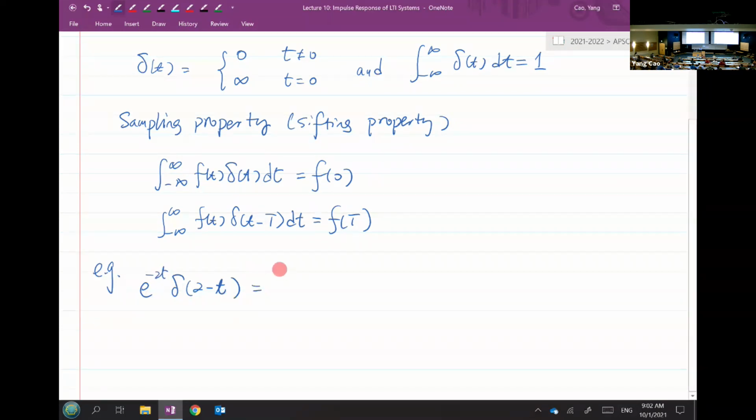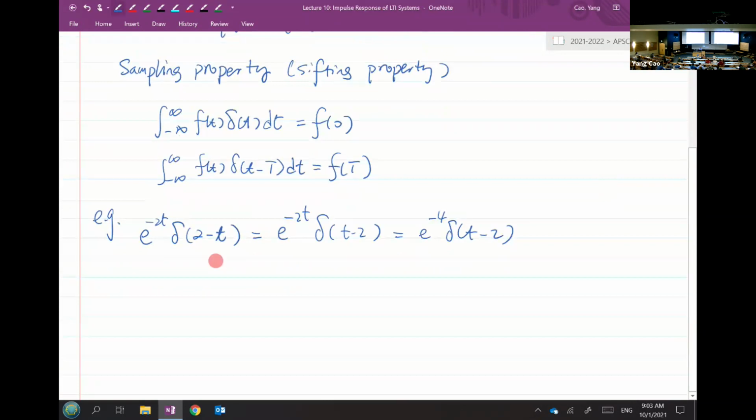And I basically said this is an even function, so this is equivalent to this, and then you get negative 4 delta t minus 2, right?